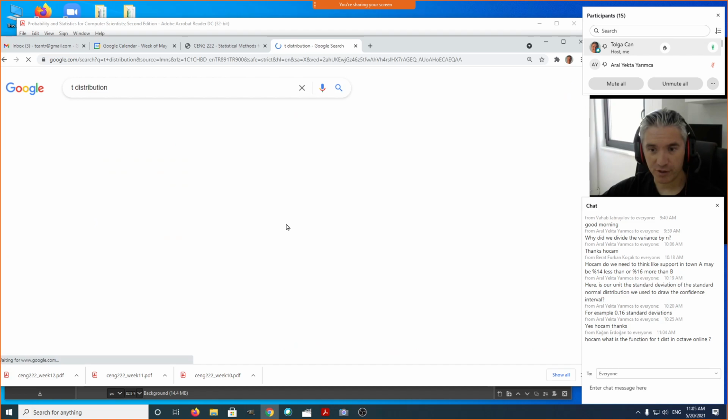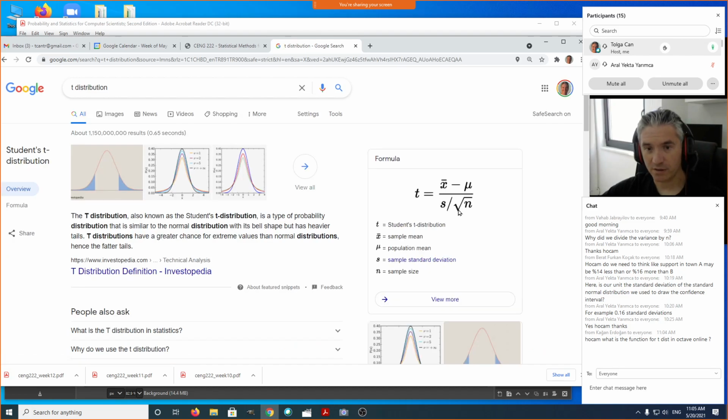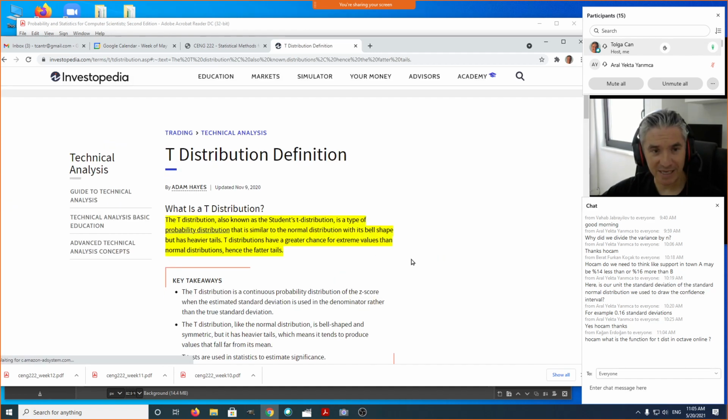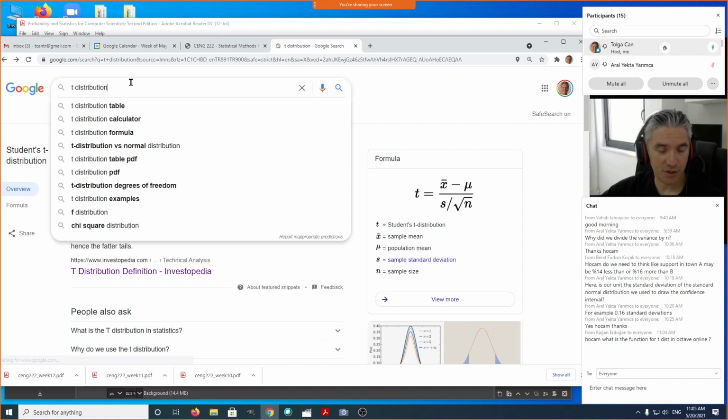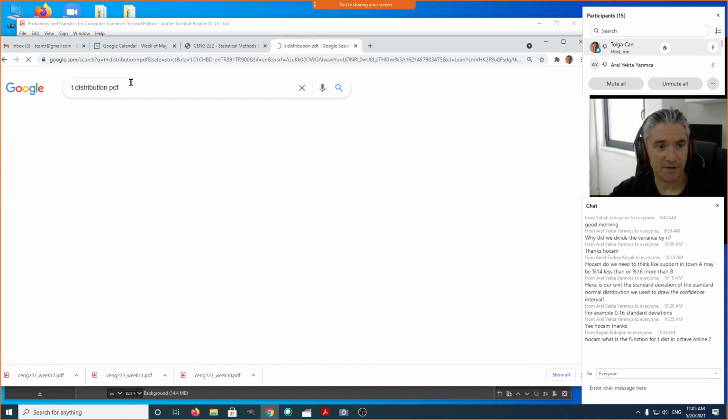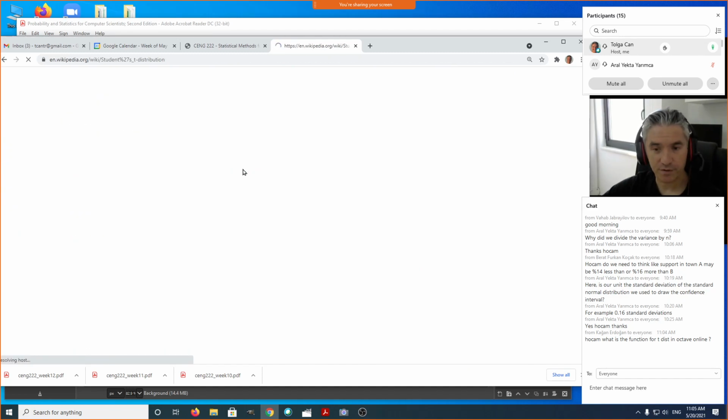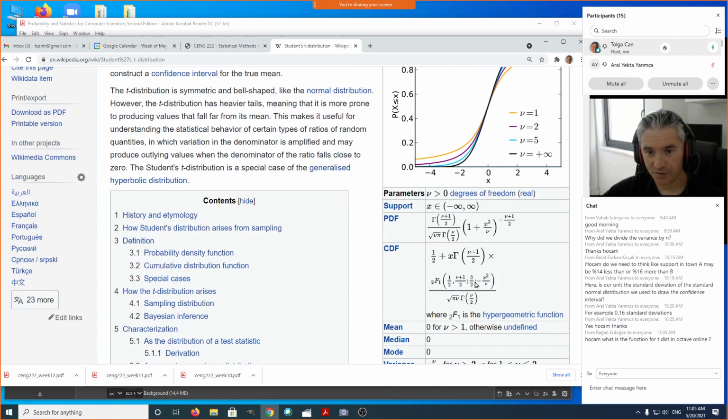This is the t statistic, how we compute that. It's not the PDF. Let's search Student's t distribution PDF. So this is the PDF. The function you're looking for is this one.